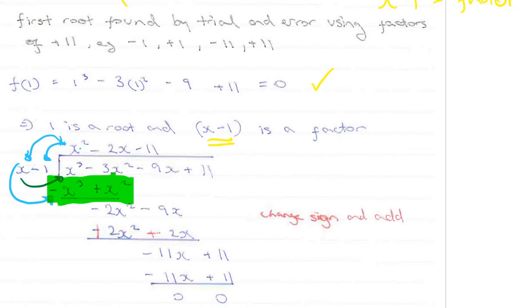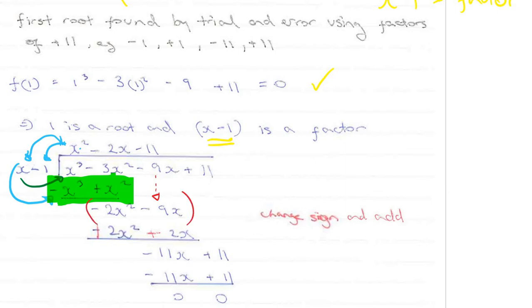So we change the signs and add, so this now becomes minus x cubed, add that to the one above and we get 0. This now becomes plus x squared, add that to minus 3x squared and we're left with a result of minus 2x squared. And we then bring down the minus 9x. So we're now left with this.